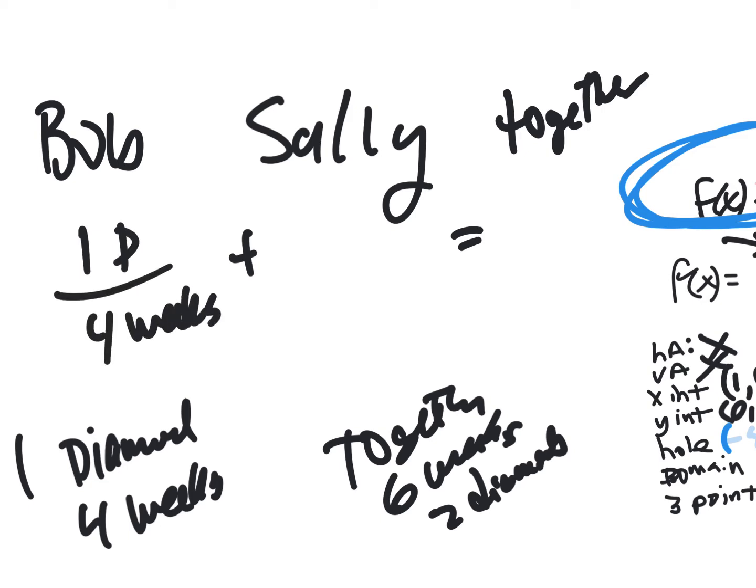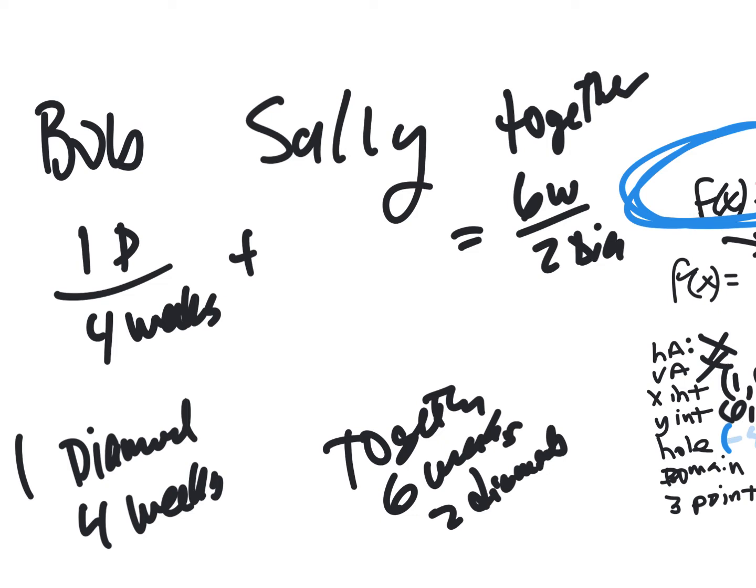And I mean, they seem like a lot, but you know, if a diamond is worth like $3,000, then that's not too bad. Sally, we don't know, so I'm going to leave it blank for a minute. Then together is 6 weeks, 2 diamonds, and I made that reduce just so it would make your life easier later.